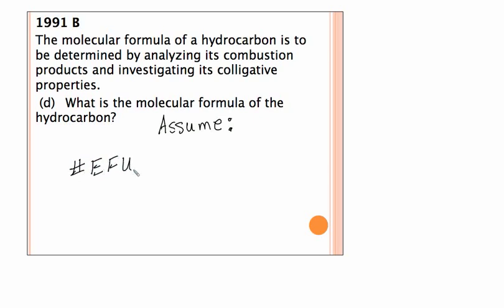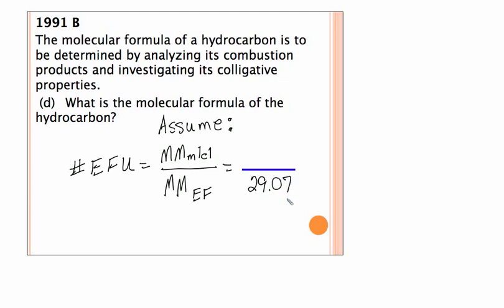Remember that our number of empirical formula units that would make up our molecule is the molar mass of our molecule divided by the molar mass of our empirical formula. Now, hopefully you got your empirical formula above. You get some of these steps at least. And the molar mass of our empirical formula would be 29.07. It was C2H5. So that was 29.07.